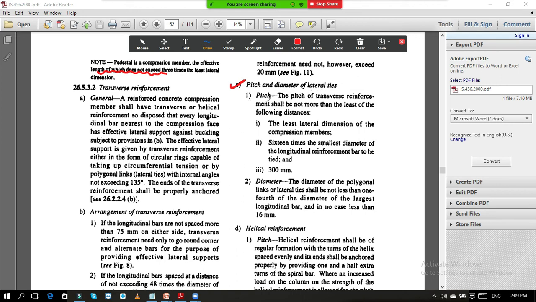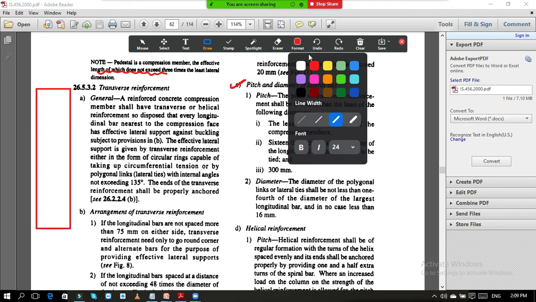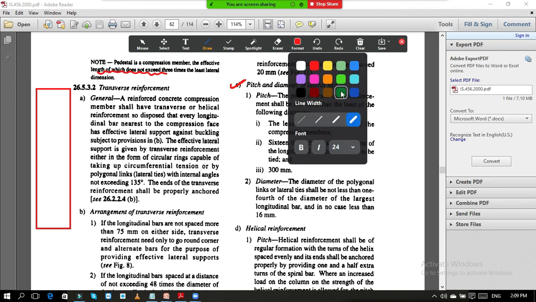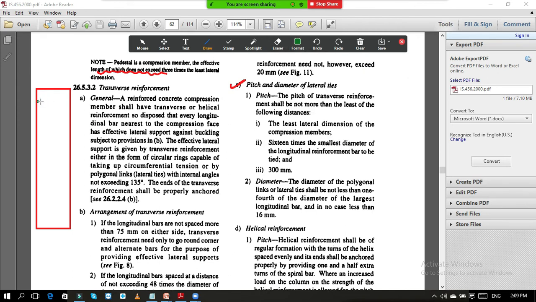Pitch means the center to center distance between the ties. Now if I draw the longitudinal section over here, along the length, suppose this is the column. In this column, suppose the stirrups are provided and they may look like this.